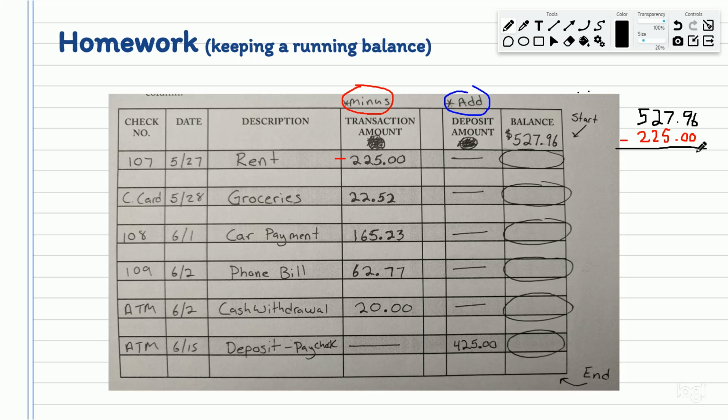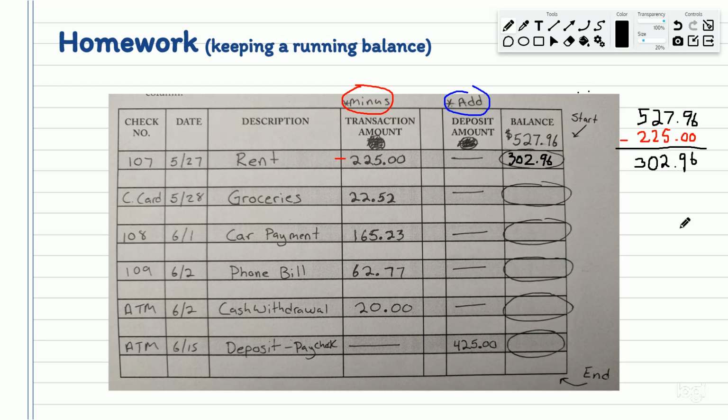So 6 minus 0 gives me 6. 9 minus 0 gives me 9. I'm going to bring down my decimal point. 7 minus 5 gives me 2. 2 minus 2 gives me 0. And then 5 minus 2 gives me 3. So after I make this first transaction of paying my rent, my new balance in my account is $302.96.